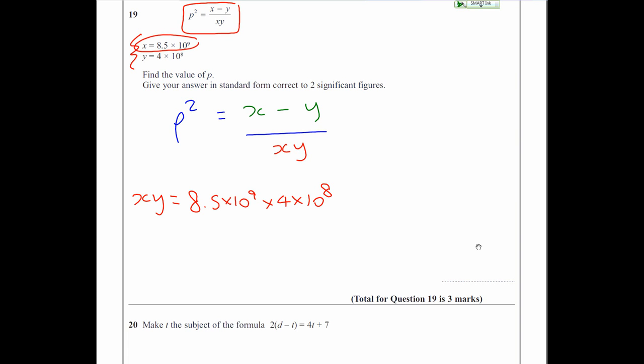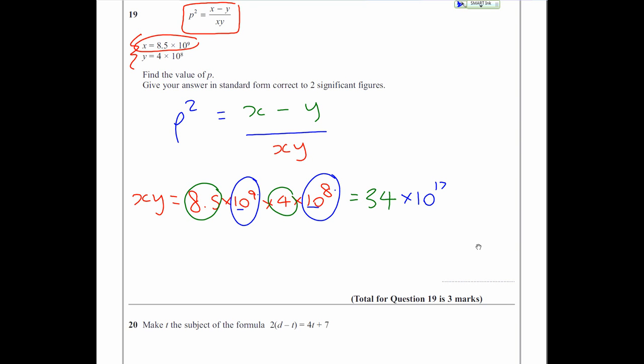Now your big numbers are just normal numbers, so you can do 8.5 times 4 on your calculator, or if you want, you can do it in your head, but I wouldn't advise that in a calculator paper. Now, using your power laws, you've got the same number to a power, same number to a power. When you're multiplying, you can add the powers. So it's 9 add 8, 17. Okay, that's x times y. It's not yet in standard form, but we can worry about that in a minute.